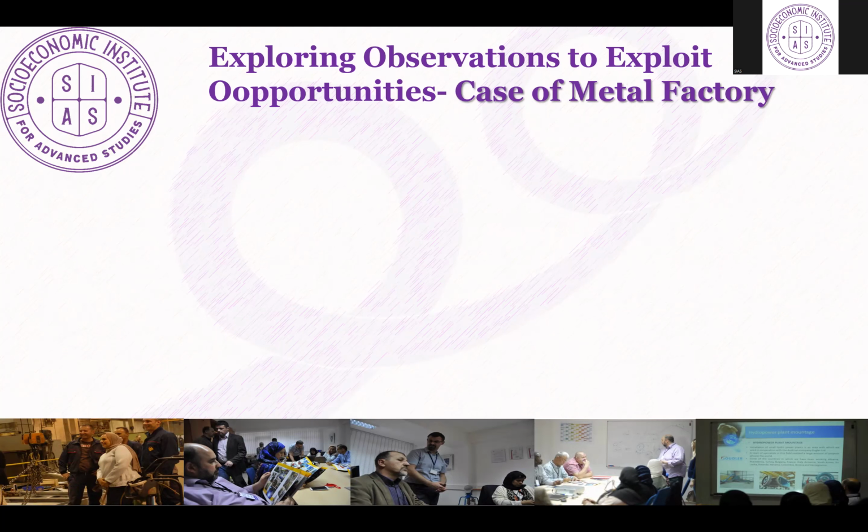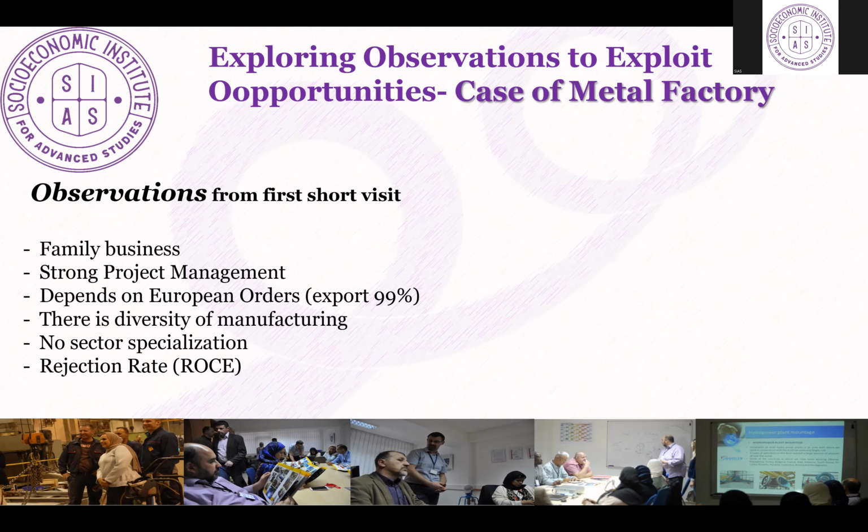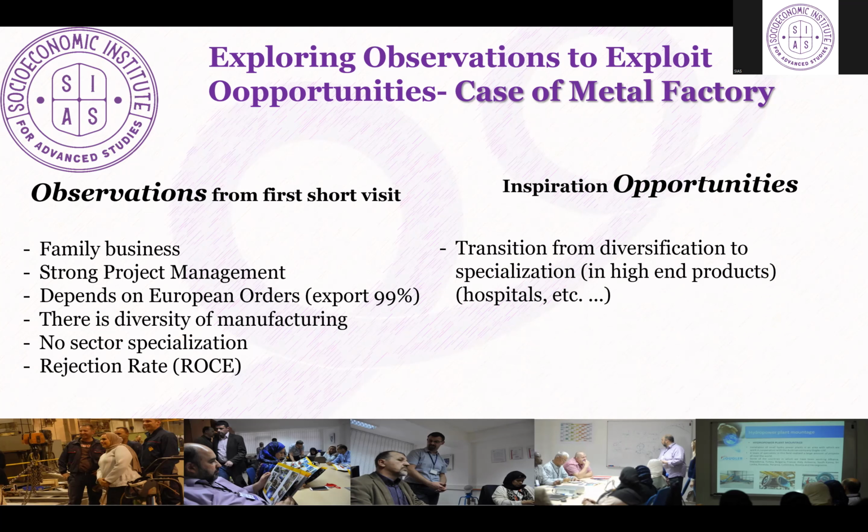The other case was visiting the metal factory. The metal factory is a family business with strong project management. It depends on Europe's orders, exporting 99%. There is diversity in manufacturing with no sector specialization, and the rejection rate is low, but they need a transition from diversification.